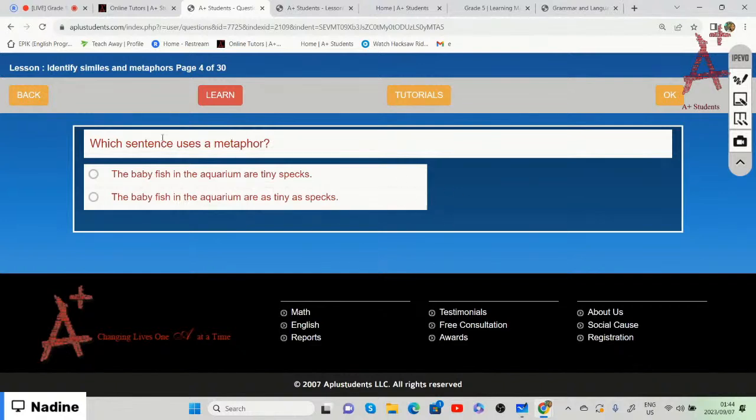So which one is the metaphor? The baby fish in the aquarium are tiny specks.